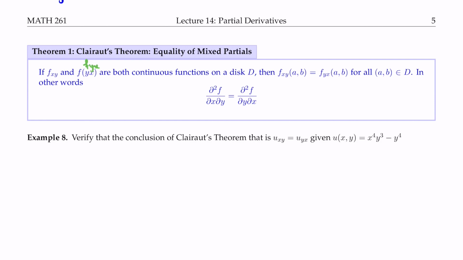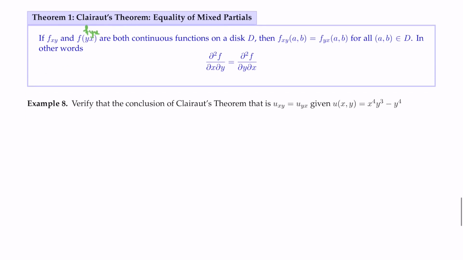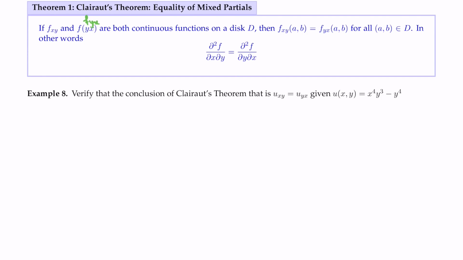Now we're going to continue verifying the conclusions of the Clairaut theorem, that the mixed partial derivatives are equal to one another, given some functions. Alright, so we're going to take the first order partial derivatives with respect to x and with respect to y, and then we're going to move on to doing the mixed partial derivatives only. We're going to skip partial squared f partial x squared, and we're going to skip partial squared f partial y squared.